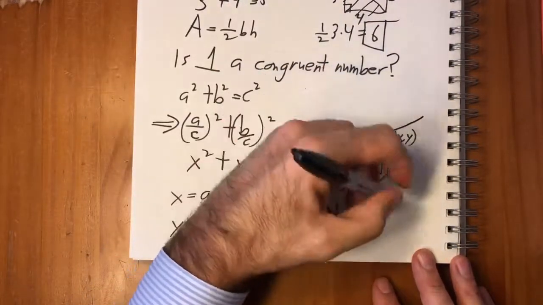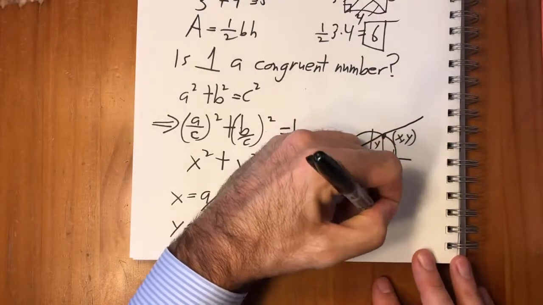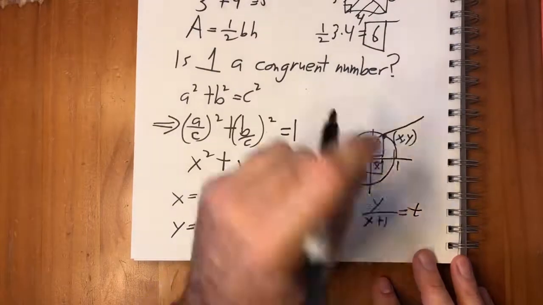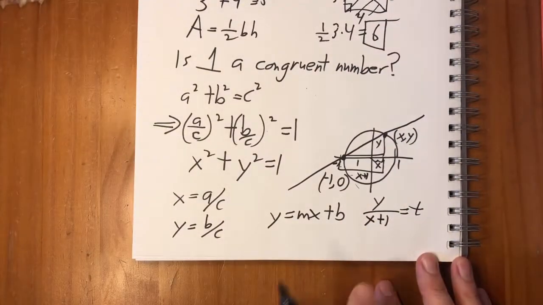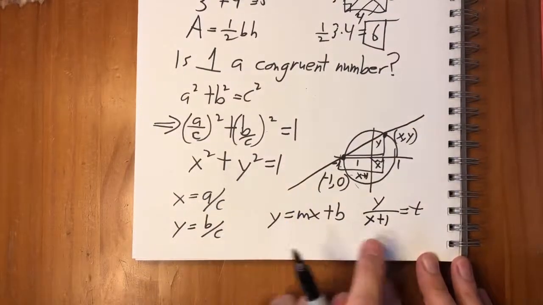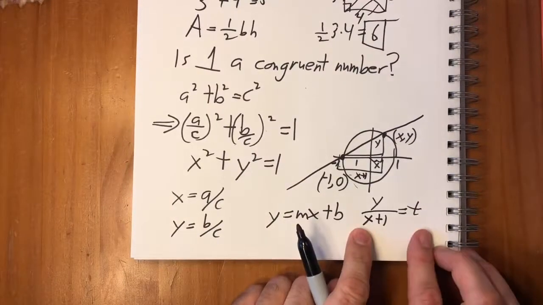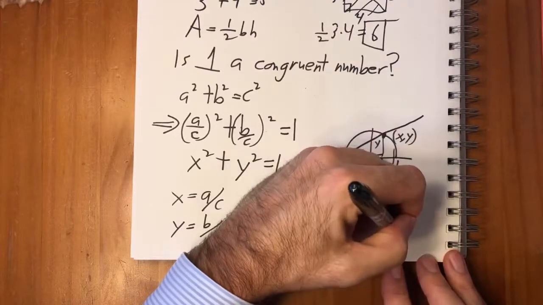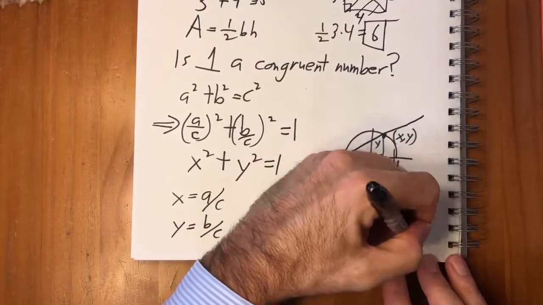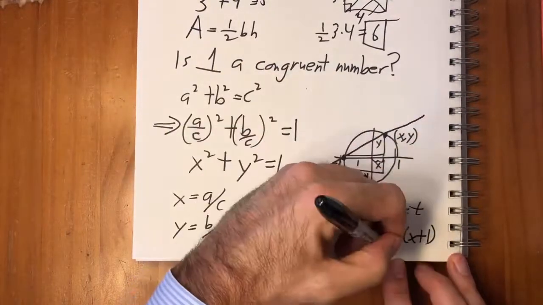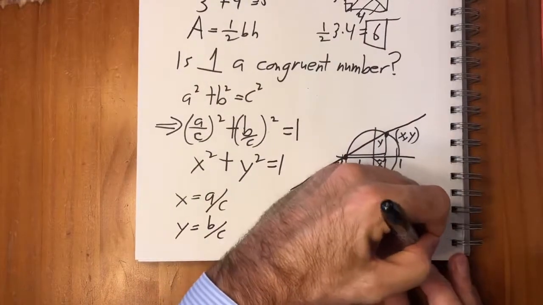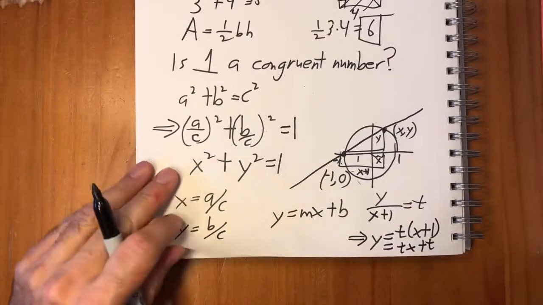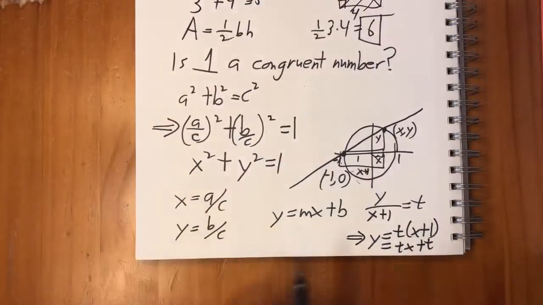So the rise over the run here is y over x plus 1. y over x plus 1 equals t. That's the slope. This is the equation of this line. It looks a little different than this, but all we have to do is multiply by x plus 1. So y equals t times (x plus 1), or tx plus t, right? Same equation. Okay.